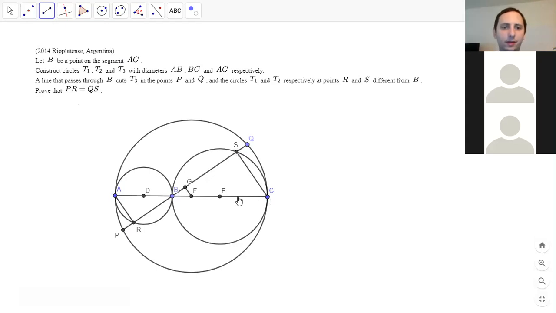Oh, and then I think that solves it. Or does it? Because G is the midpoint, I think AR plus FG is CS. Is it obvious from that point that FS is equal to FR?